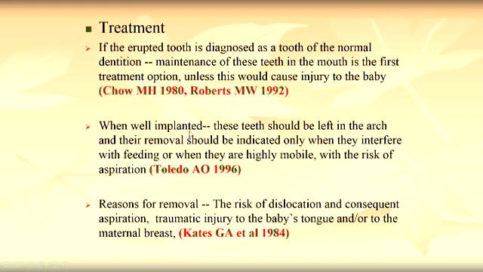When well implanted, these teeth should be left in the arch, and their removal should be indicated only when they interfere with feeding or when they are highly mobile with the risk of aspiration. Reasons for removal: the risk of dislocation and consequent aspiration, and traumatic injury to the baby's tongue and to the maternal breast.